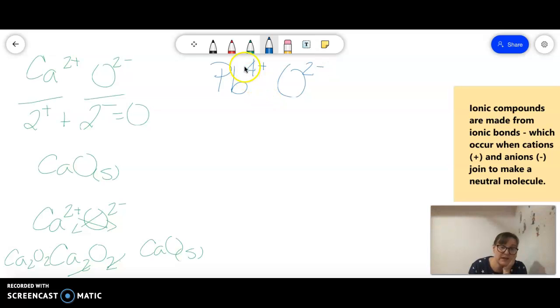Again, here, this one's just double of that. So if you cross them down, it would say that you needed 4 oxygens. But just looking at these two, to make a neutral compound, you actually only need 2. So your compound here would be PbO2.